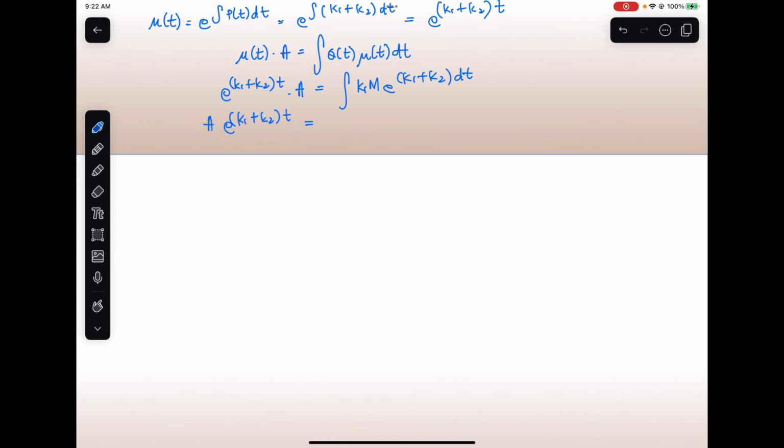K1 and M are constants, so we can move them out: K1 M times the integral of e raised to (K1 plus K2) t dt. This is an integral of an exponential function, so our u is (K1 plus K2) times t.